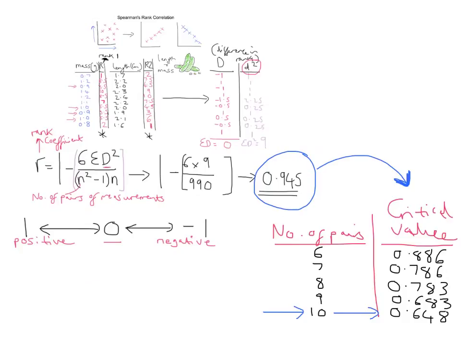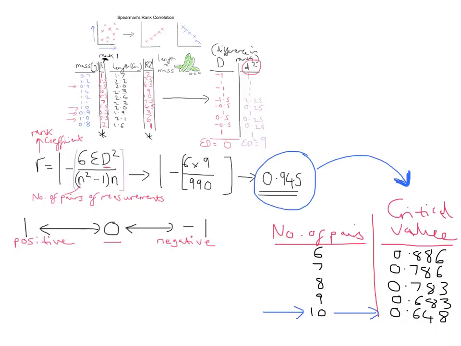Now our value of 0.945 is massively over the critical value. So as 0.945 is greater than 0.648, we accept that there is a significant correlation between the mass of the bean and the length of the bean. We can be statistically sure that the length of the bean does relate to the mass of it. And that's what Spearman's rank correlation shows, if there is a link between two different variables.